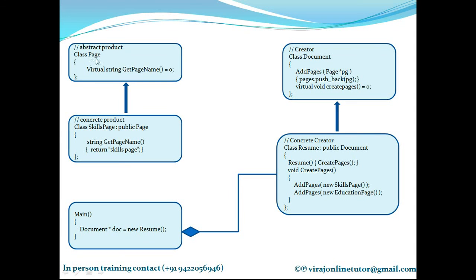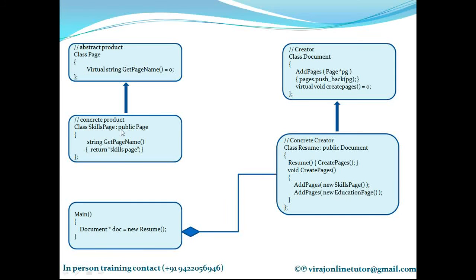I'm defining a class called Page, which is an abstract product, and inside this Page I have a function called getPageName. I'm just declaring it here by making it a pure virtual function. I'm not defining it here. So class Page is my abstract product.